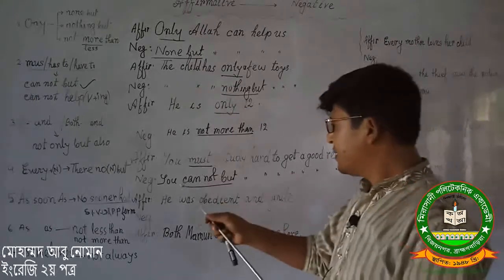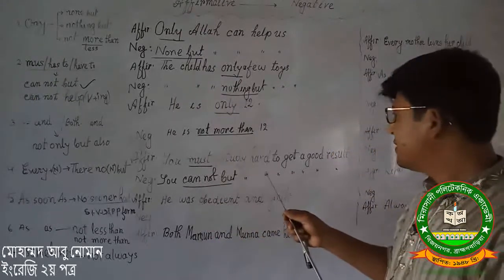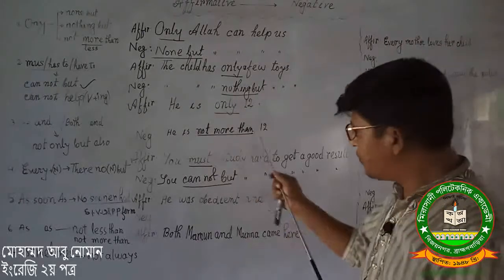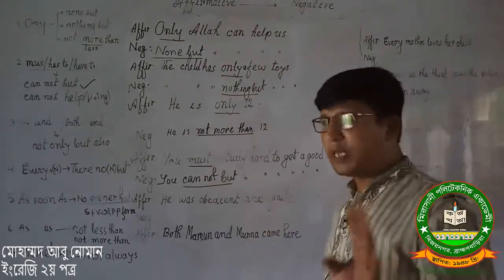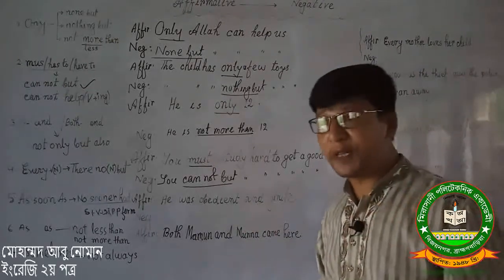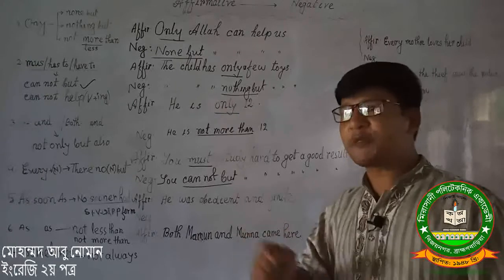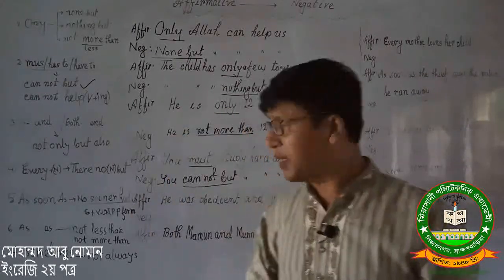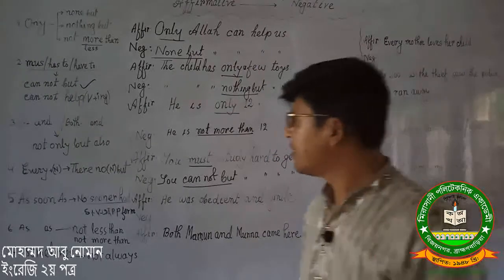You cannot but study hard to get a good result. The meaning of both sentences is the same. We know transfer of sentence means you have to transfer the sentence from one type to another without changing the meaning.